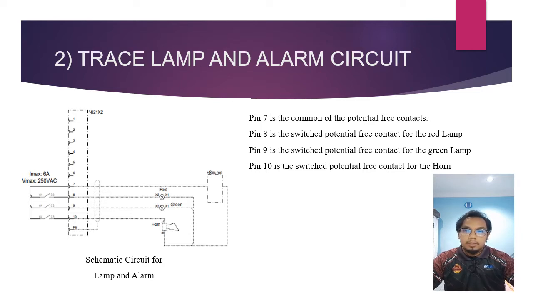Pin 7 is the common of the potential free contact, which is connected to the supply of 250 VAC and 6 ampere, while pin 8 is the switch potential free contact for the red lamp. Pin 9 is the switch potential free contact for the green lamp, and pin 10 is the switch potential free contact for the alarm or horn.